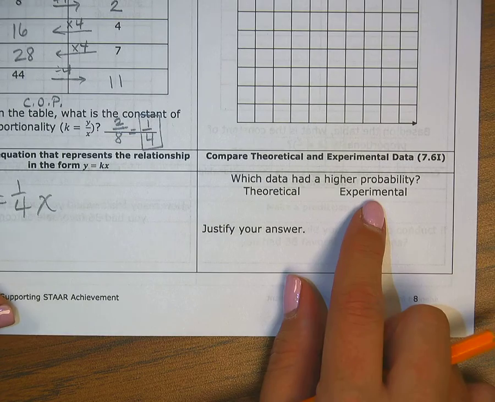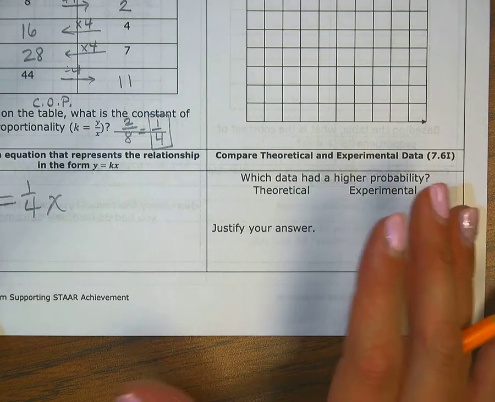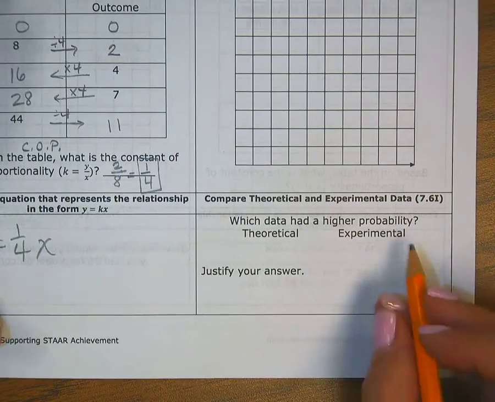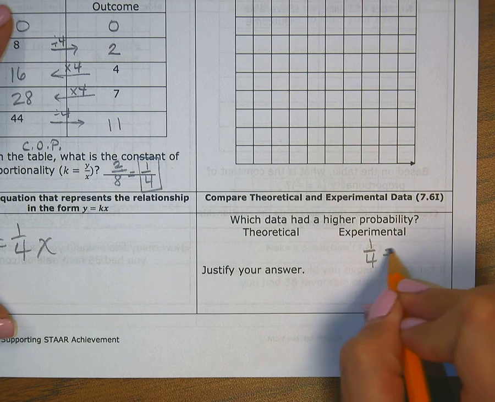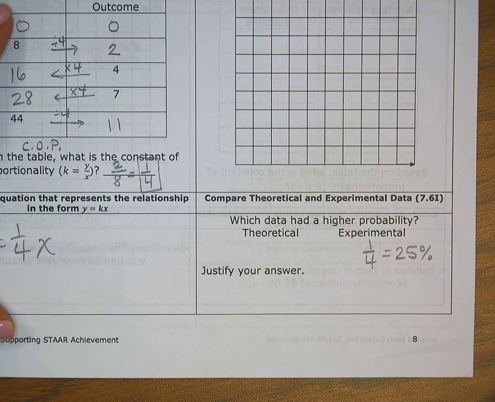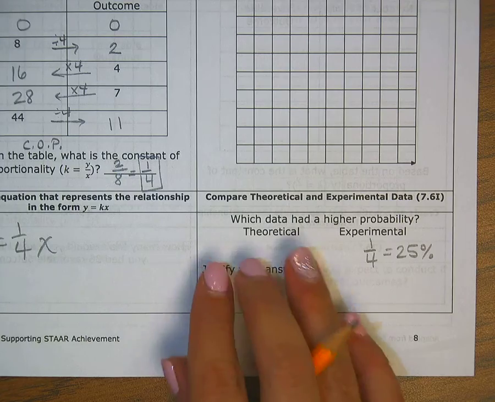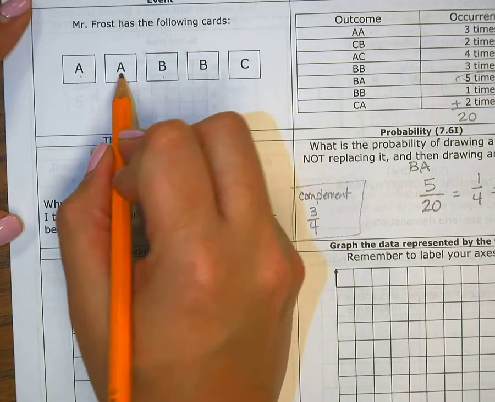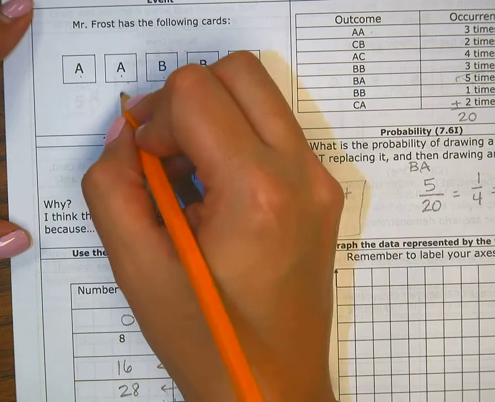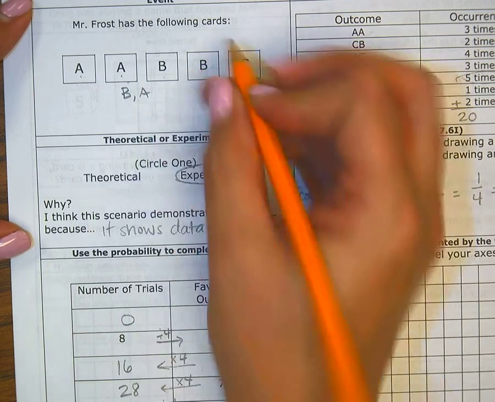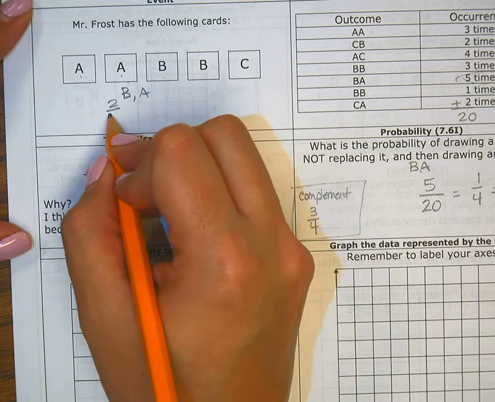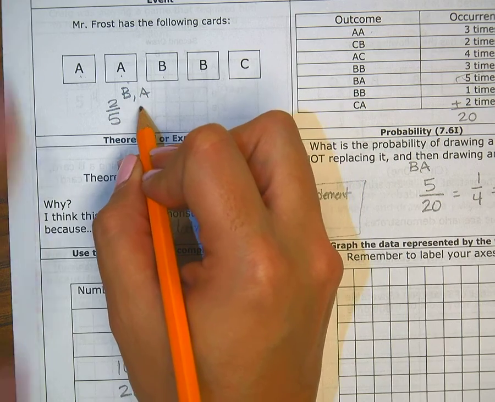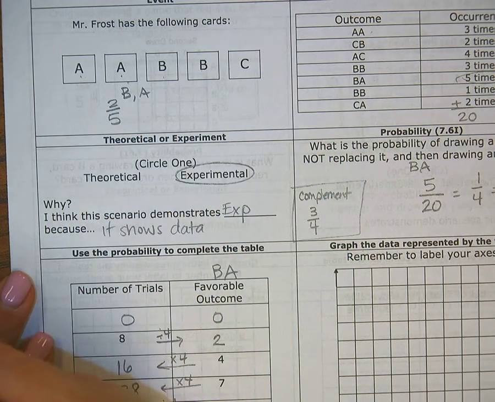This says which data had a higher probability. Well, in order to compare, I need to go ahead and say, okay, well, my experimental probability was 1/4, which was 25%. But if I'm looking at theoretical, I go back to my cards. In theory, the chances of pulling a B and then an A, B is going to be 2 out of 5. A is going to be, are we replacing?